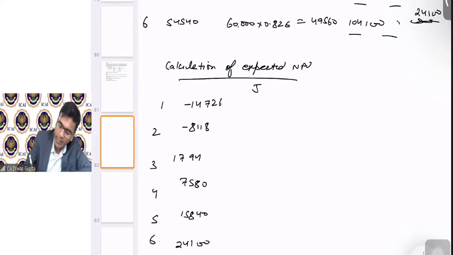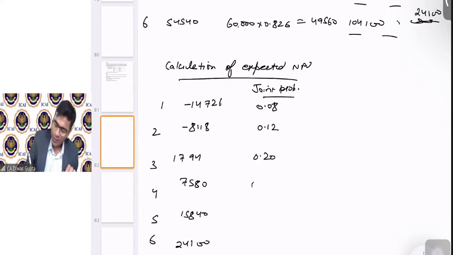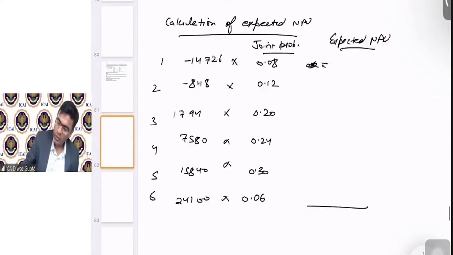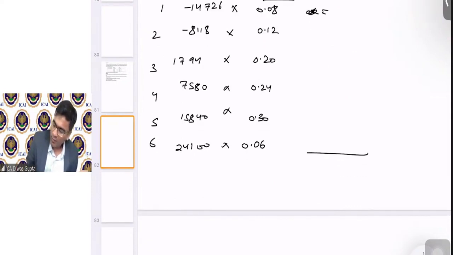Write down their probabilities, joint probabilities that we have calculated above, correct? 0.08, 0.12, 0.20, 0.24, 0.30, and 0.06. So the expected NPV, just multiply these two columns and the total comes out as 6223.76. This is the ENPV.